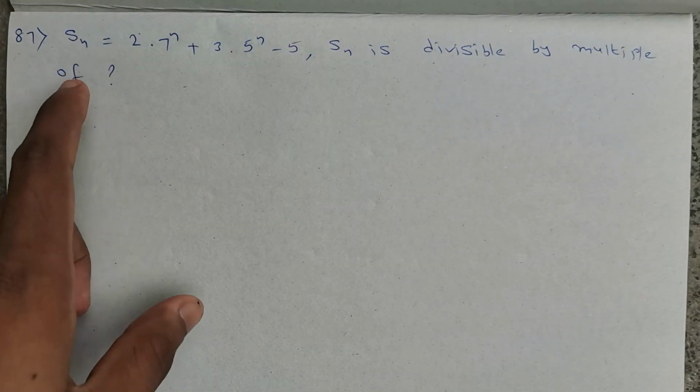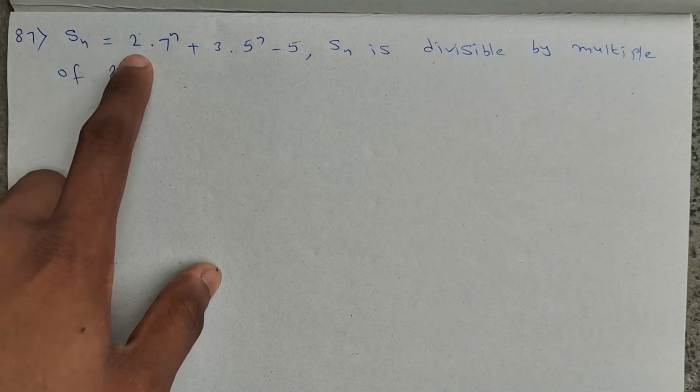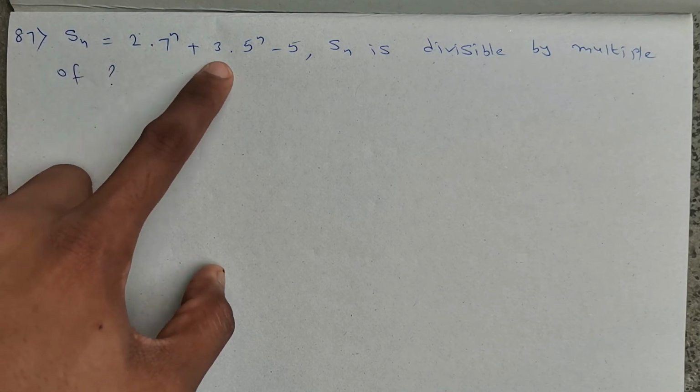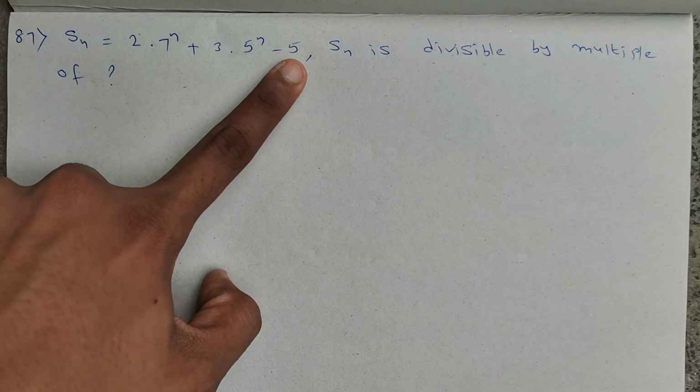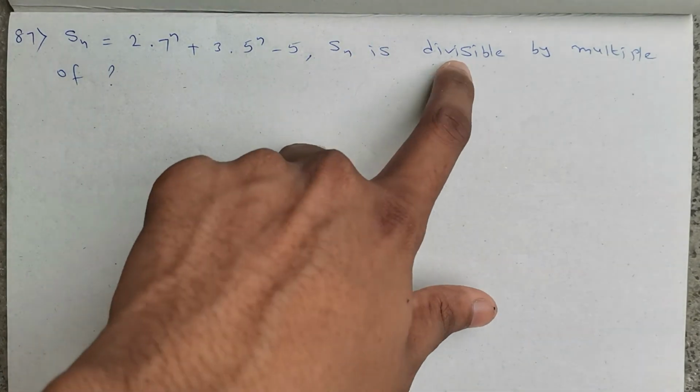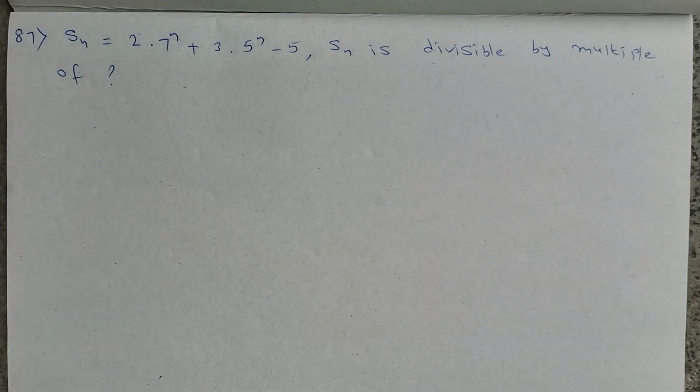Okay, the next question. Sn is equal to 2 into 7 power n plus 3 into 5 power n minus 5. And this Sn is divisible by a multiple of which number?